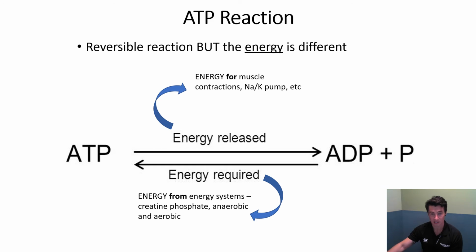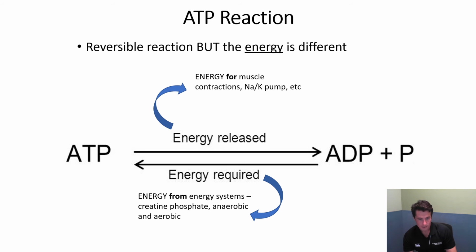So when ATP is broken down into ADP and a phosphate, that is the energy that's released for us to do things like contracting our muscles, or the energy that we need for our active transport when nerve cells send messages. But to replace that, to regenerate that ATP, the energy required comes from our energy systems, which fundamentally comes from our macronutrients, from what we eat.